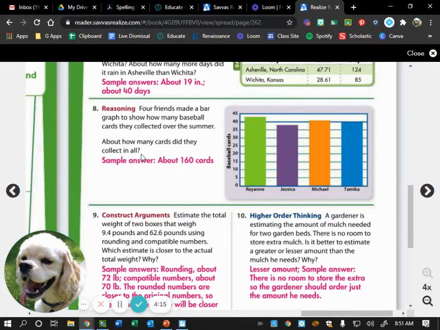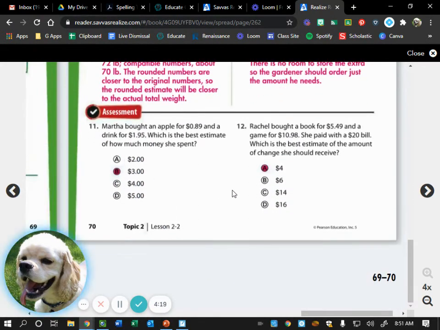Okay. Then we had 11 and 12, correct? Yes. Okay. So then 11 and 12. So 11, Martha bought an apple for 89 cents and a drink for $1.95. Which is the best estimate of how much money she spent? So if we're looking at these, our first number would round up to $1 because the largest place value is a 0.